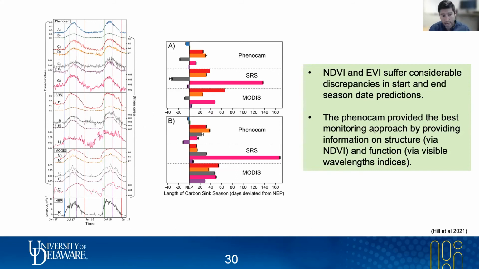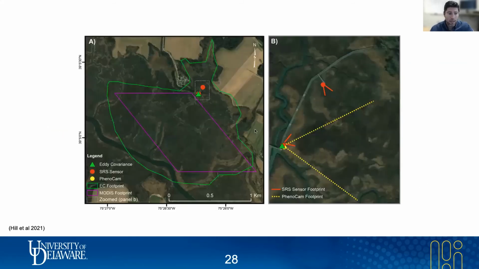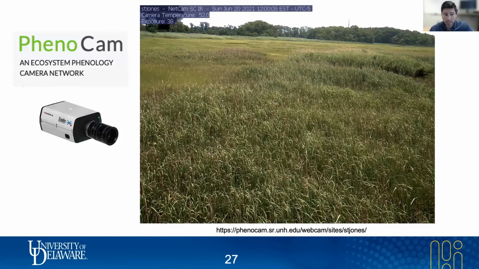So we advocate that maybe a simple camera like the phenocams, which are security cameras, can be deployed in many ecosystems, and it could be a relatively easy way to measure the carbon dynamics in at least salt marshes. And developing this network could be an interesting discussion, and relatively cost-effective, I would say.